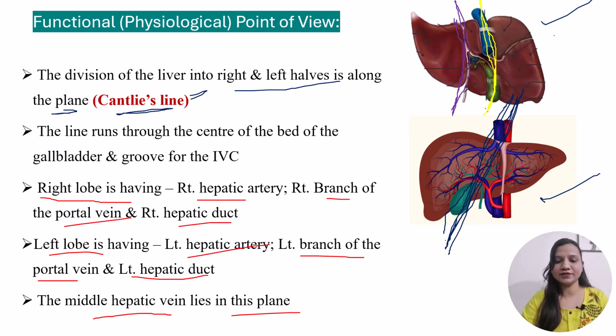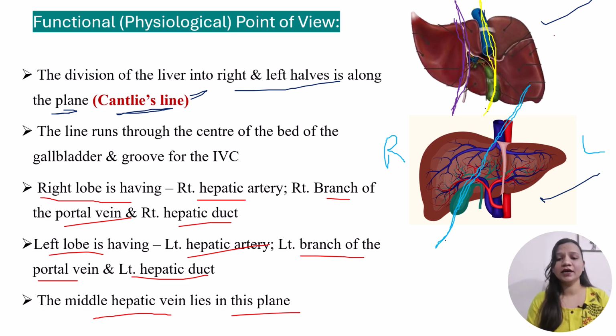So it divides, let me erase it. This is the Cantlie's line, which goes obliquely and divides the liver into the left and right half.